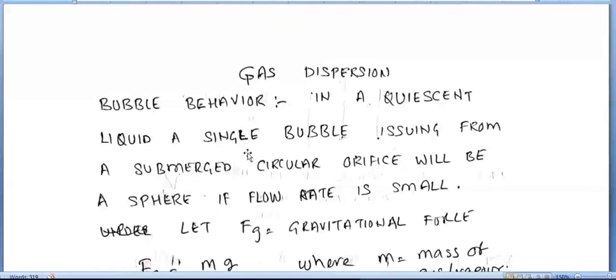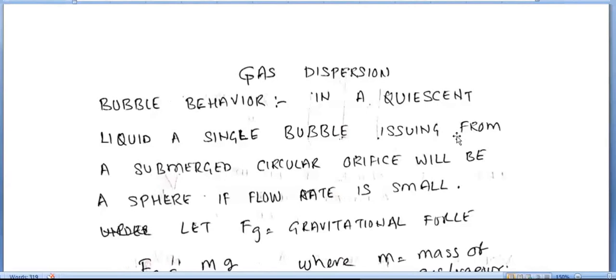In a quiescent liquid, a single bubble is shown coming out from an orifice. If you see the distributor plate, at the end we are going to have orifices, a perforated plate. Each perforated plate will have n number of orifices, and through these orifices the gas has to come out.